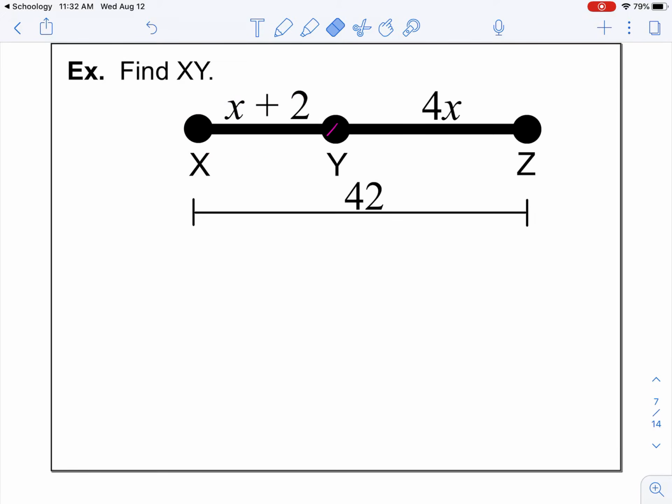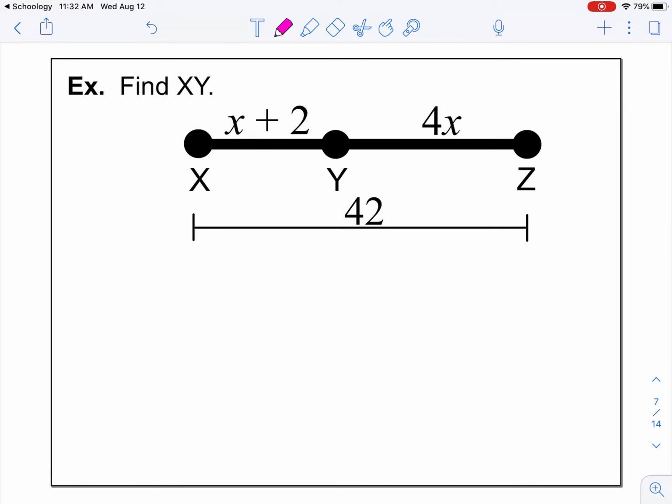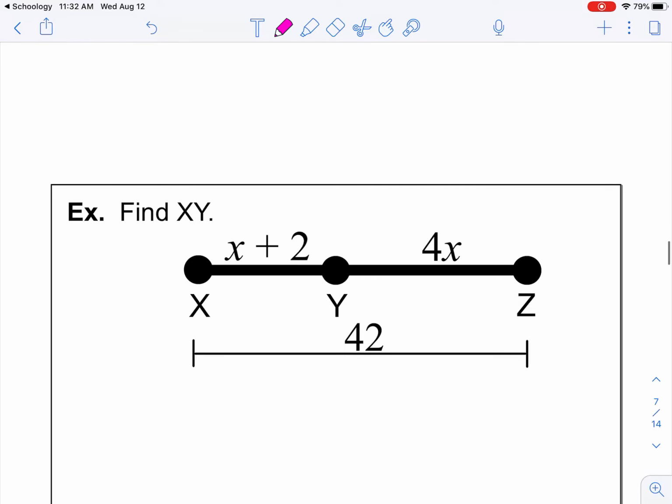All right, so I need to figure out what it is. I need to write an equation that will help me solve for X. And then once I know what X is, I can plug it back in and figure out what XY is. So I always bring it back to a nice easy one here. If I said that this is 3 and this is 2, what's the whole thing?